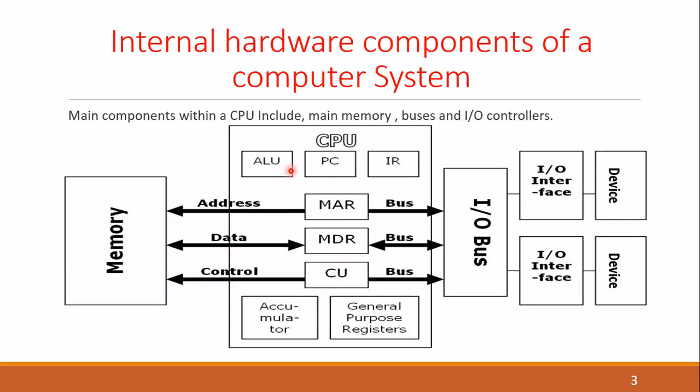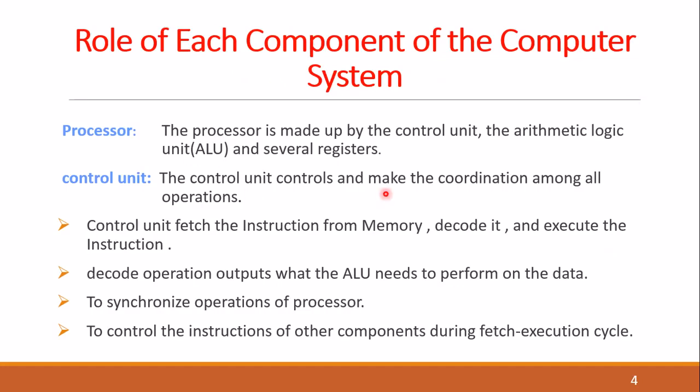The control unit controls and coordinates all the other processes. The control unit directs all of the operations of the processor. Whatever the operations are in the main memory, arithmetic logic unit, and input and output devices, the controller handles how to respond to these instructions.